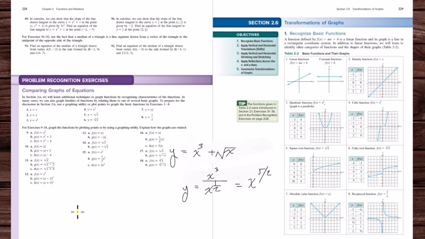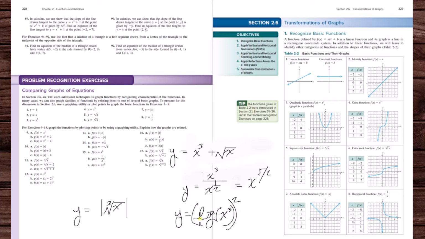So maybe we have y is equal to the absolute value of the cube root of x. This is a cube root contained within an absolute value. Or maybe, we haven't learned about exponentials and logarithms yet, but I'm going to include them in this video, maybe you have log of x cubed, squared.